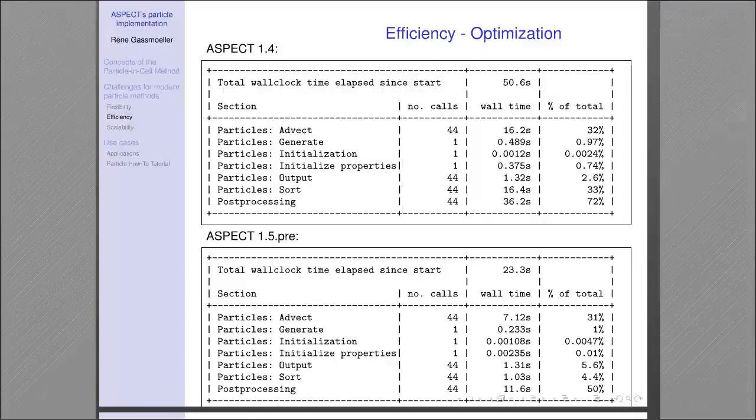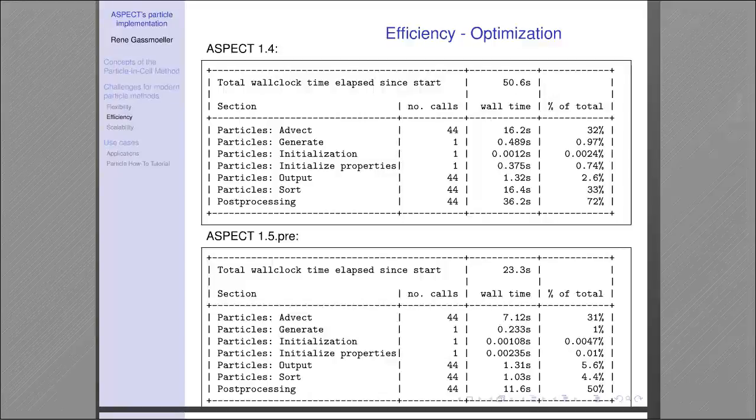At the bottom, you see the improvement that we've made to the current development version of Aspect 1.5 pre and the latest development version of deal.II. The overall runtime of this model has been cut more than in half. And if you take a look at the post-processing line, which comprises all of the time spent in the particle part, you'll see that the time went down from 36 seconds to 11.6 seconds, more than a factor of 3.